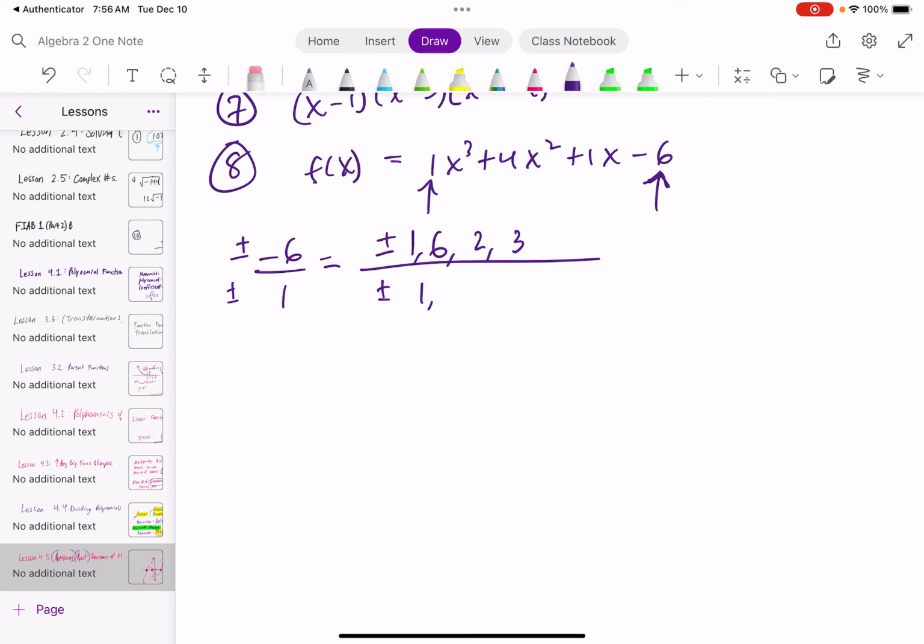So therefore, these are your only answers. Everything's over 1, so it's plus or minus, least to greatest, 1, 2, 3, and 6.